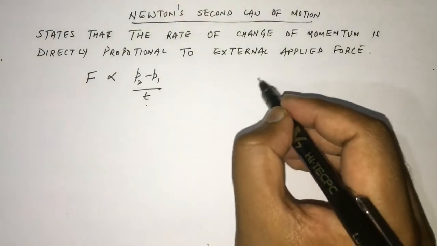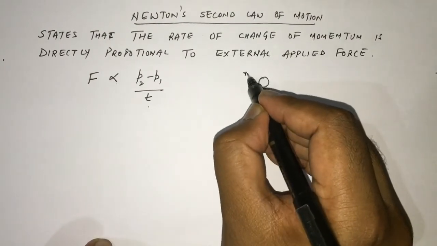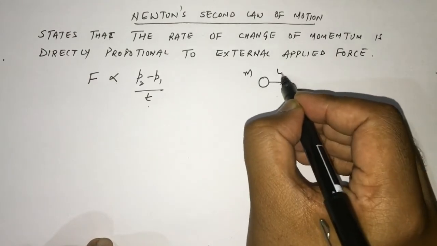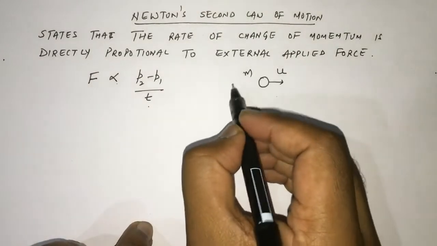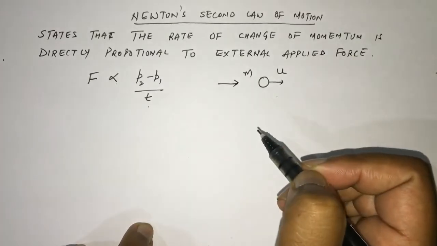Clear? Suppose you have a body whose mass is m. Initially, it is moving with velocity u. Some force F applies on this body.